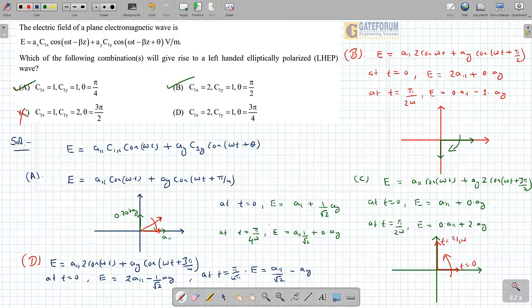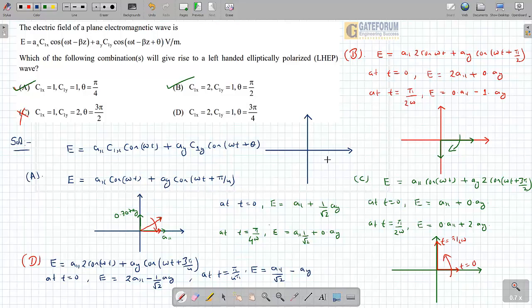Okay, now let us plot this. So what I'll do is, I'll try to plot this over here. Just check. I'm plotting this for the option D. So the first point is 2Ax and minus root 2Ay.